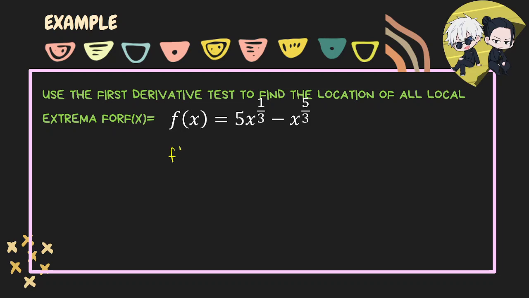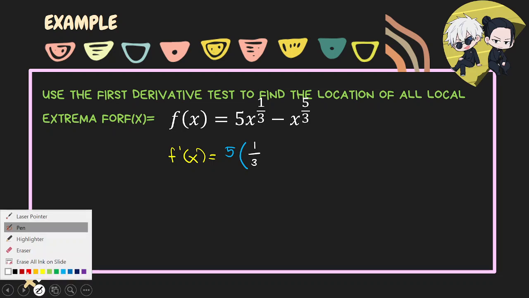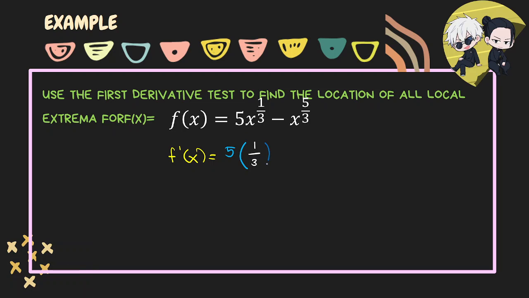To derive that function, we have f prime of x. Then, what will happen? The 1 third comes down. It becomes 5 multiplied by 1 third, right? Then, x raised to 1 third minus 1. Right? Minus 5 thirds. We bring down the 5 thirds and multiply it by x. Then we subtract 1 from 5 thirds.